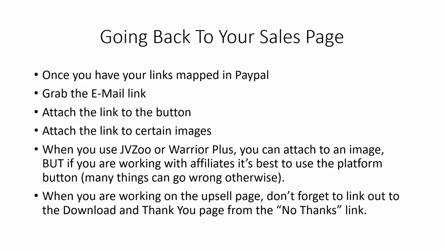If you are recruiting affiliates, you can have situations where your affiliates won't get credit and won't get paid because they're going to end up with their stats wrong. The only way you can really assure that this is going to happen, and even this is not 100% sure, is you want to use the JVZoo Warrior Plus button that they give you. Again, you can just link out to the button you have, but I would suggest that you don't. I would suggest you go ahead and use their button unless there's a business reason for you not to.